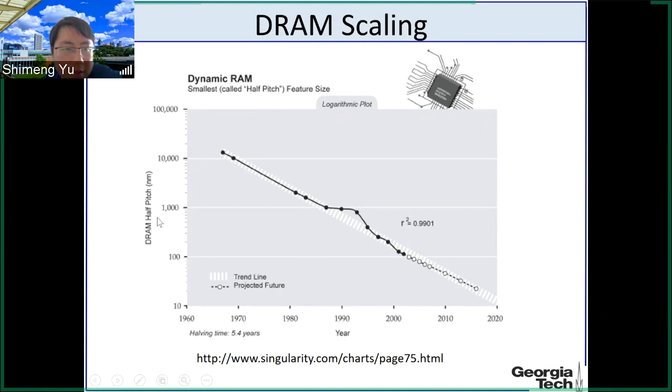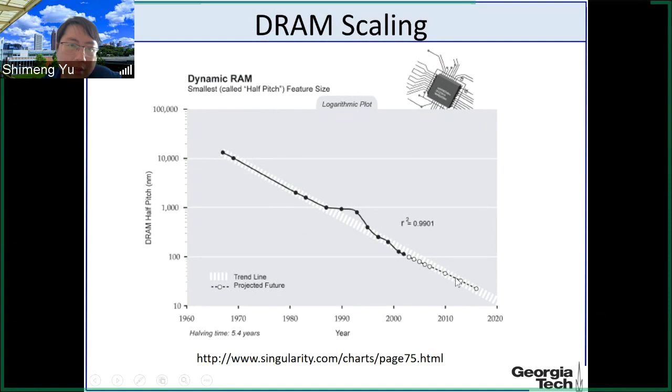And for DRAM scaling, the key feature, the dimensions of the DRAM cell, have also exponentially reduced over the past few decades. Today the DRAM's feature size is about 12 or 14 nanometers. So it's an exponential decrease.